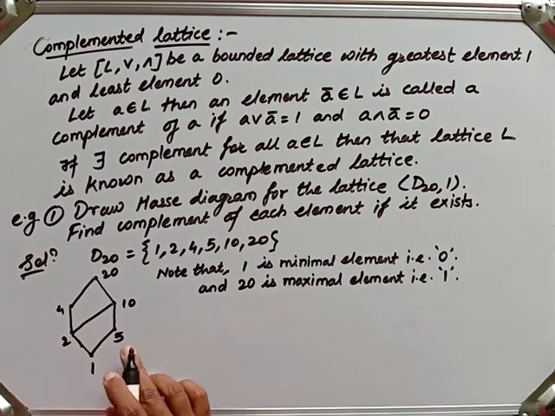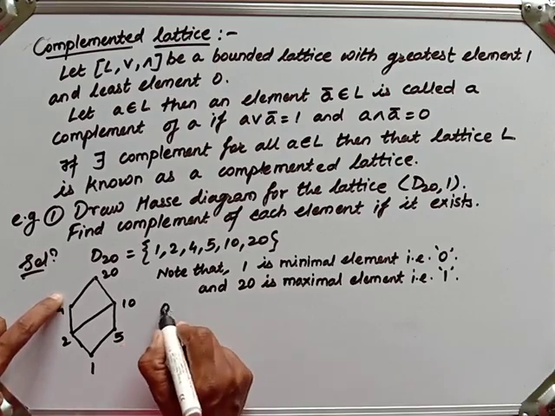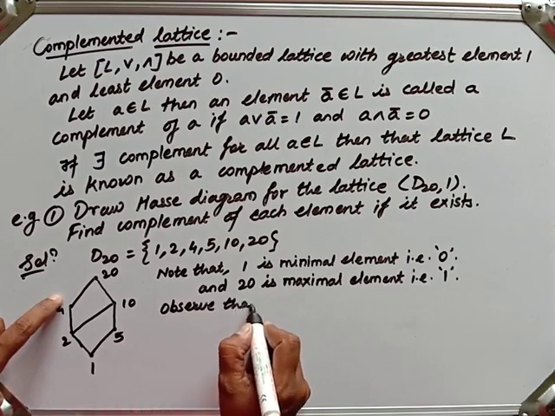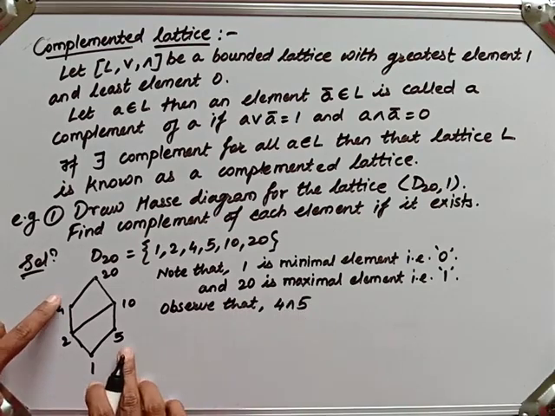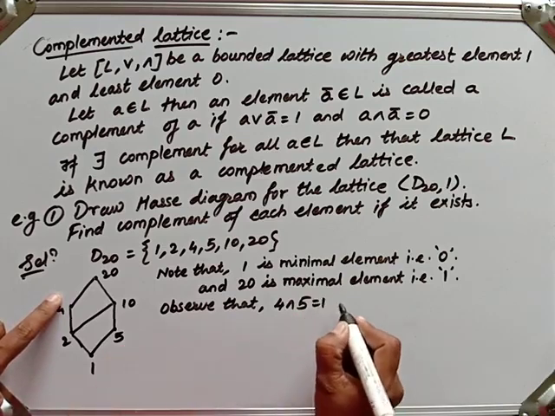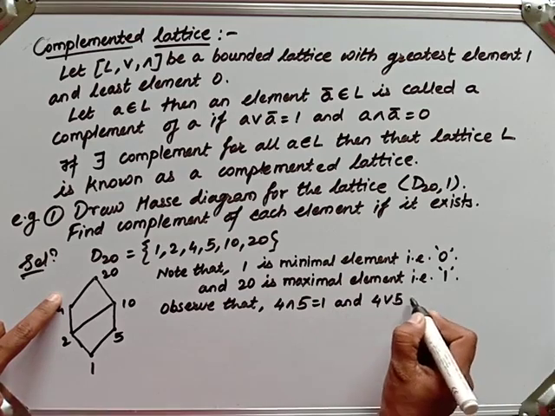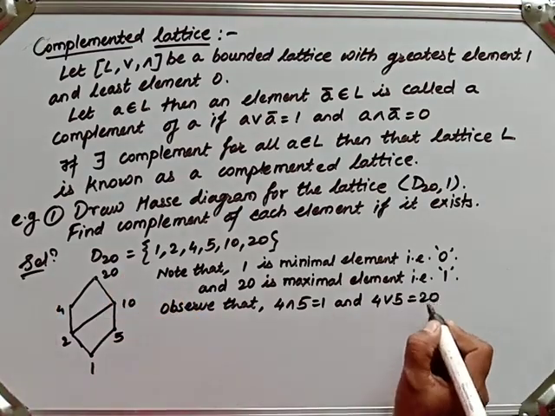Now, let me take 4 meet 5. Meet means the greatest lower bound, which is 1. And 4 join 5 means the least upper bound, which will be 20.